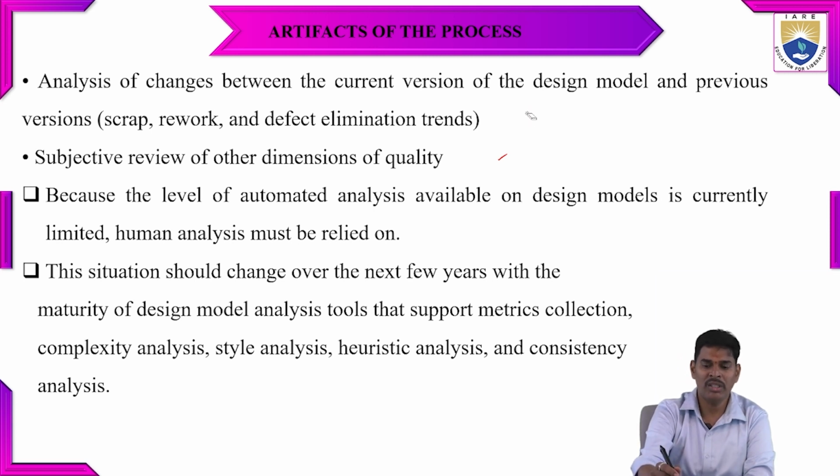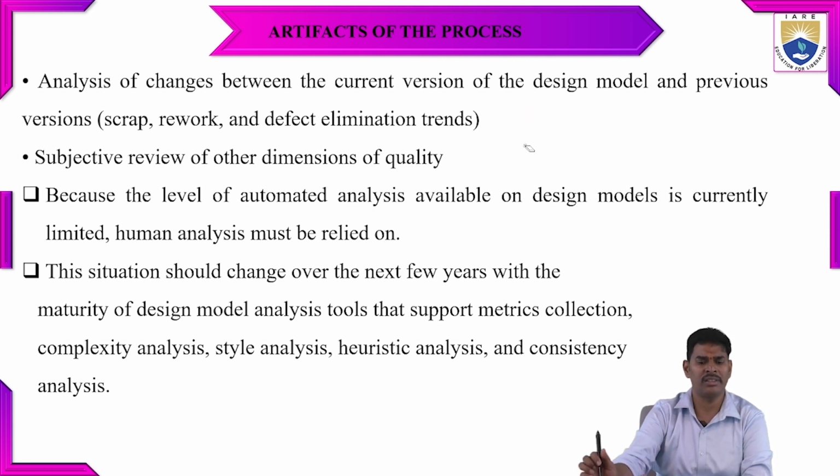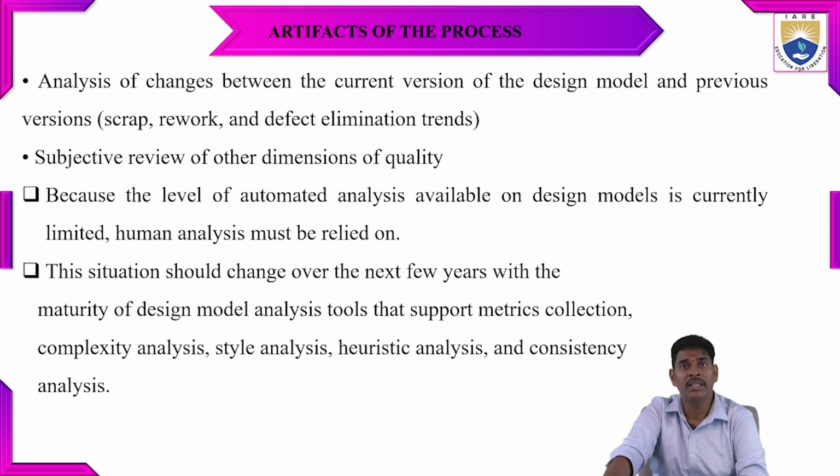So in the design model, they need to scrutinize how much they are going to provide the quality of the design. Based upon the architecture, the quality will be improved, because they need to check the various types of the components, and also they need to minimize the scrap and rework, and eliminate the defects. The defect elimination trends they need to minimize here, so that the quality will be improved.